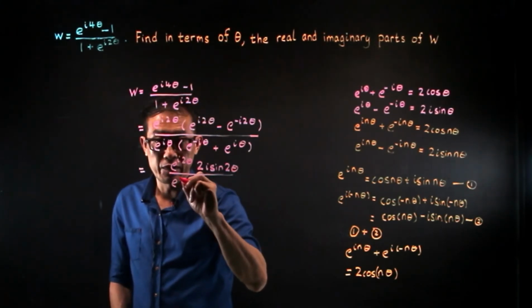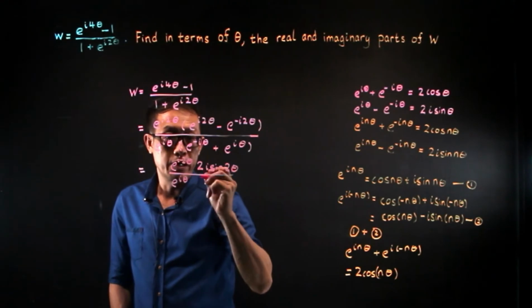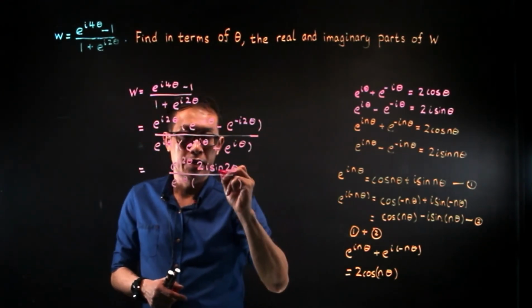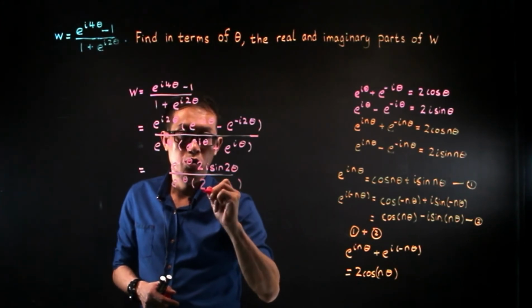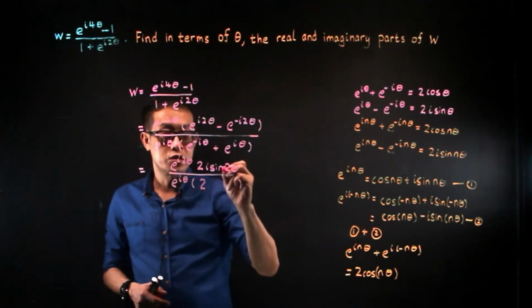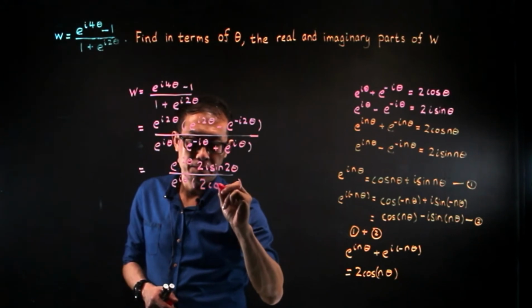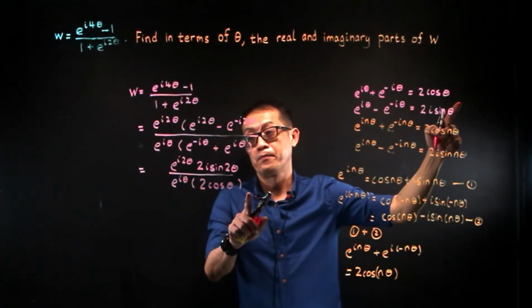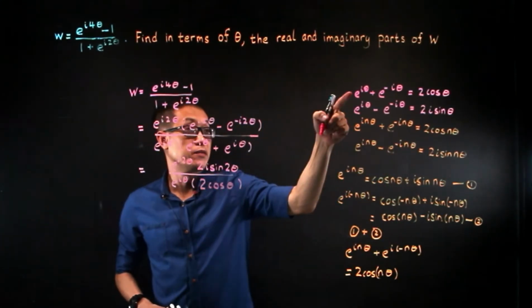Here I will be left with e^(iθ). And what is this part in the bracket? I will get 2 cos θ. This part is from the first formula.